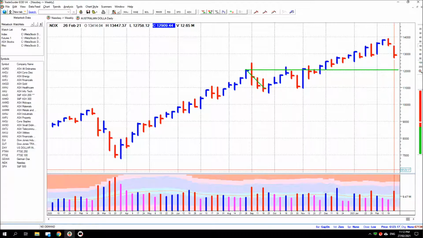Here's the accumulation that we identified earlier. You would expect increased support at this level, and that support should last down to this sort of level. So you've got a zone here between 11,000 and 12,000 where you would expect to find some sort of increased support.